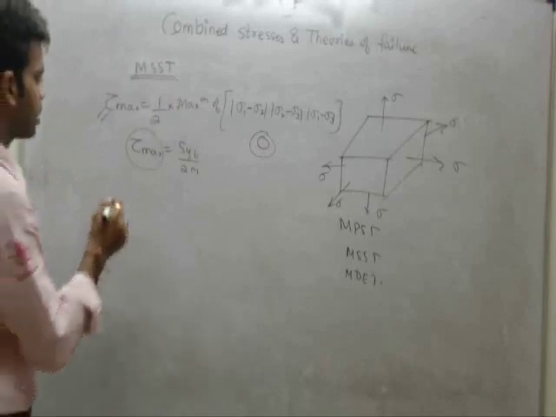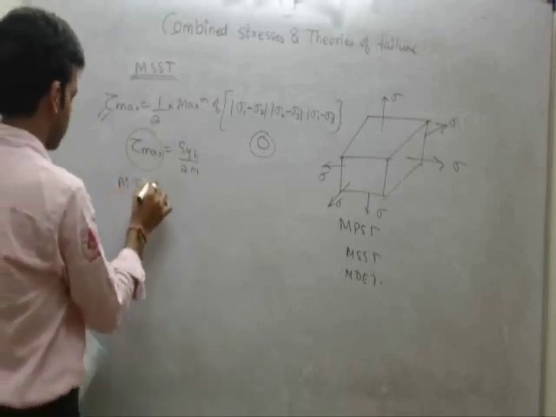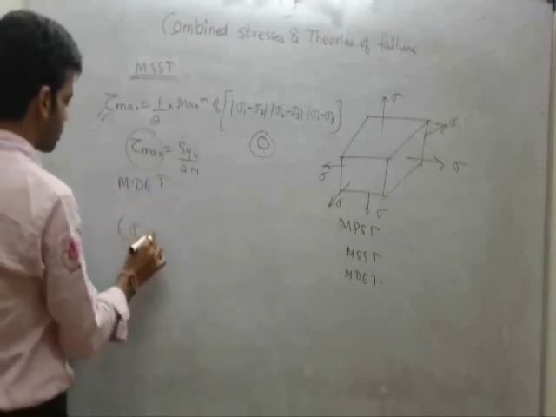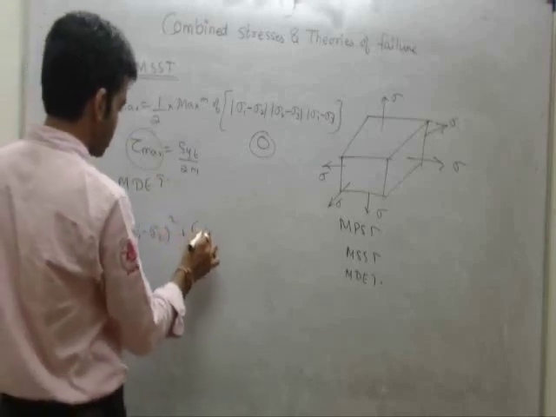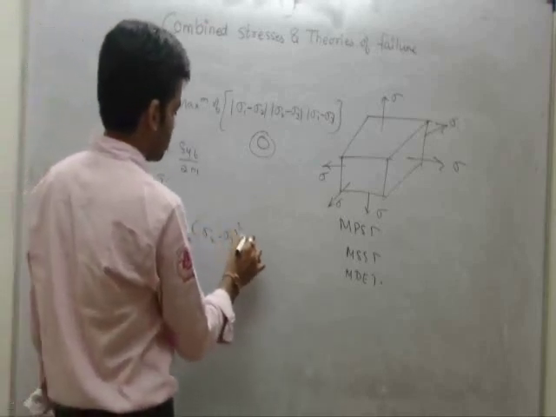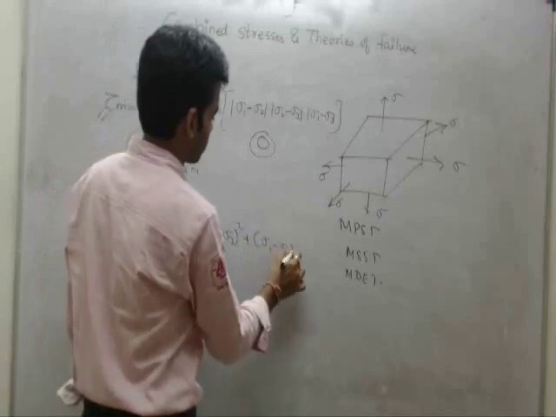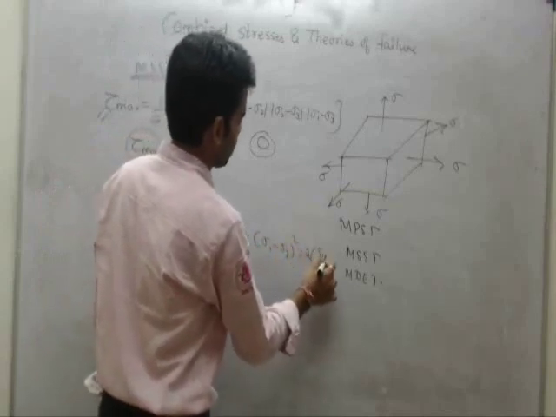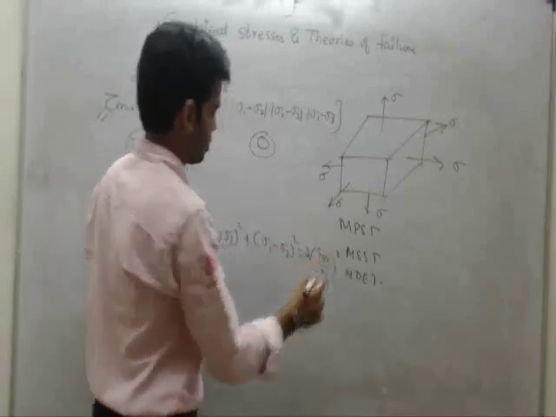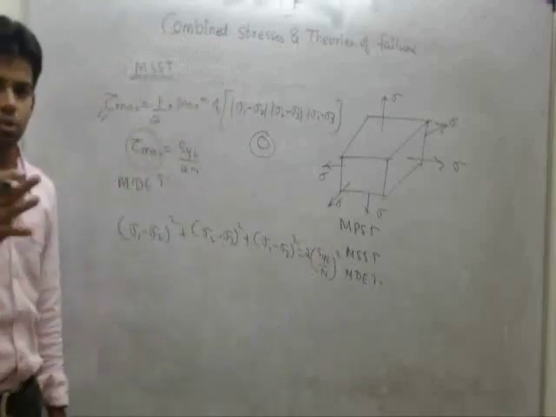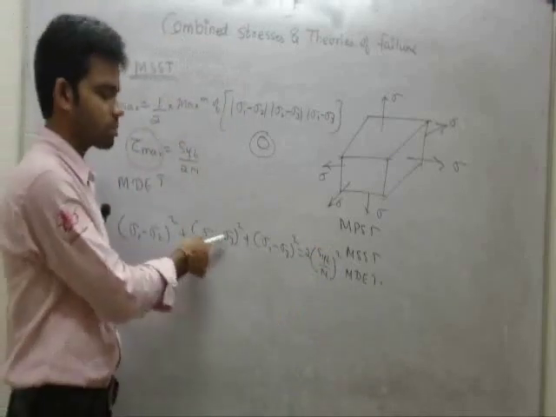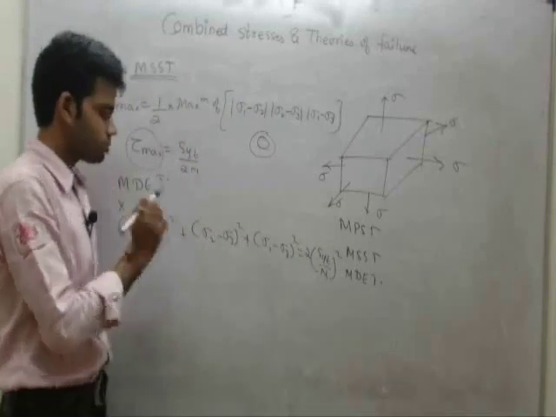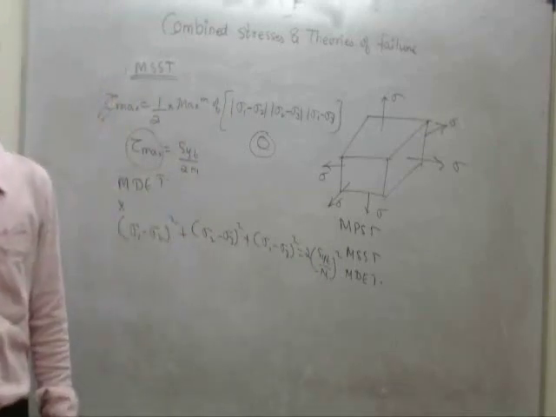Getting this? Similarly, according to maximum distortion energy theory, we know the formula: sigma 1 minus sigma 2 whole square plus sigma 2 minus sigma 3 whole square plus sigma 1 minus sigma 3 whole square is equal to 2 into (SYT by n) whole square. The same problem exists here. Sigma 1, sigma 2 and sigma 3 are same. So this can also not be solved by maximum distortion energy theory.